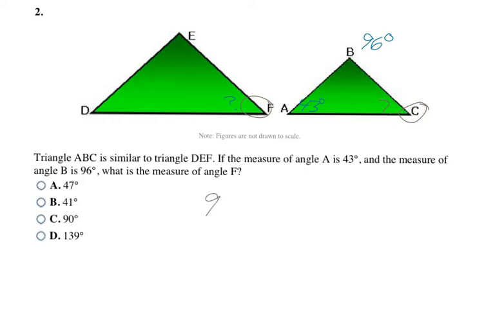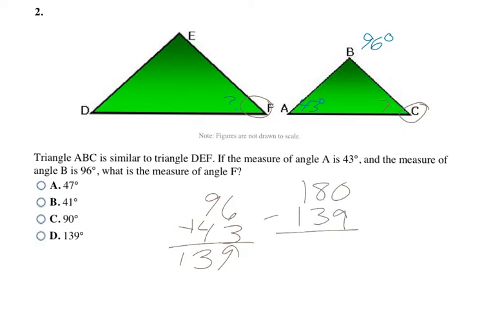So I'm going to take 96 plus 43, and that's 139. So then I have to subtract that from 180. And that's 41 left over. So that means C is going to be 41 degrees, which also makes F 41 degrees, and my answer is going to be B, 41 degrees.